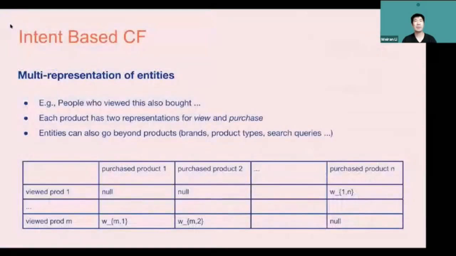The intent component is illustrated by this example of the people who viewed this also bought that model, where view and buy actions correspond to different intents. When certain users viewed product I and later bought product J, the model learns the positive relation between these two products.